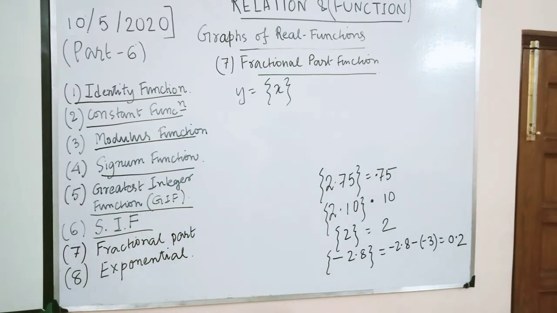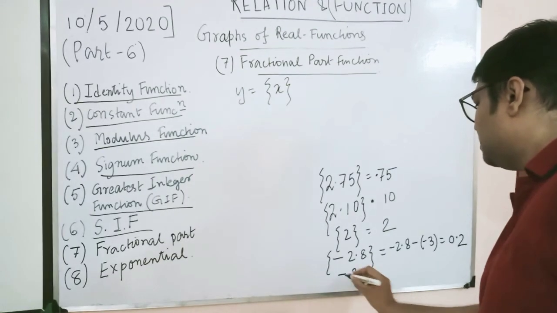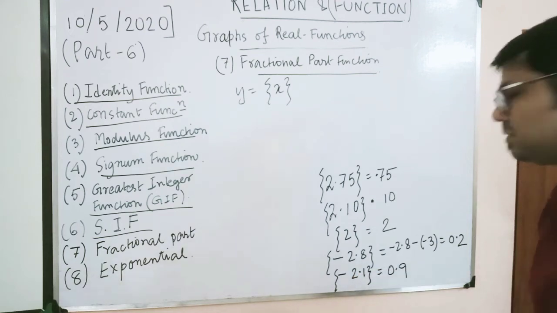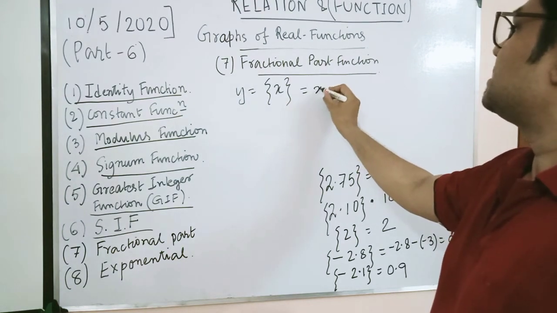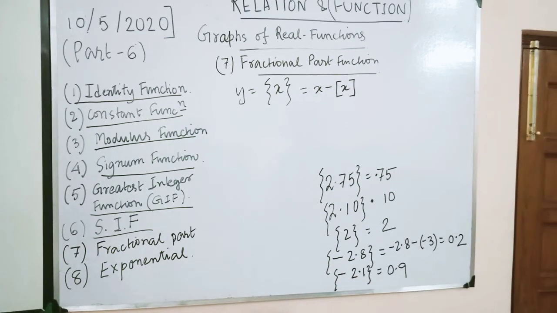Similarly, minus 2.1 will give 0.9. So we can also express this as x minus box x. If you subtract the greatest integer function of x from x, you will get this value.